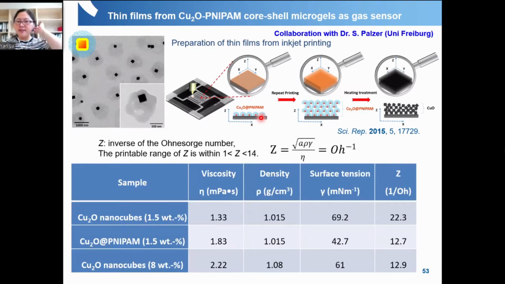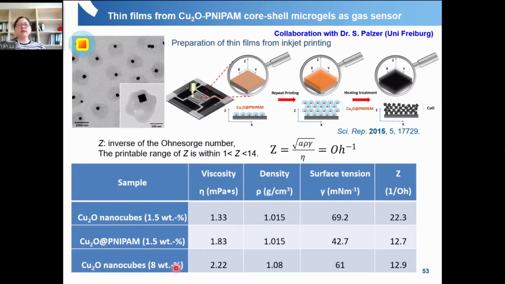Very interestingly, for the inkjet printing, of course, we need a proper concentration and viscosity of the solution. We found that if we use pure cupric oxide nanoparticles, you need a concentration around 8 weight percent to be in a good printable range for inkjet printing.